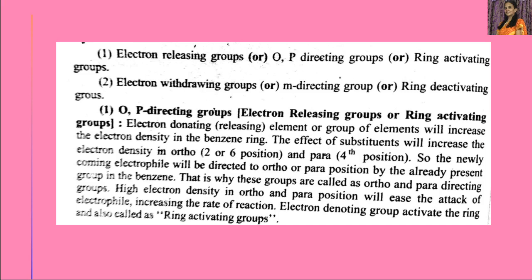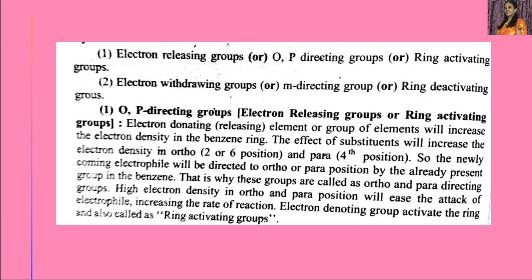The first one is electron releasing groups, the second one is electron withdrawing groups. Electron releasing groups are ortho-para directing groups or ring activating groups, and electron withdrawing groups are meta directing groups, which are also called ring deactivating groups.